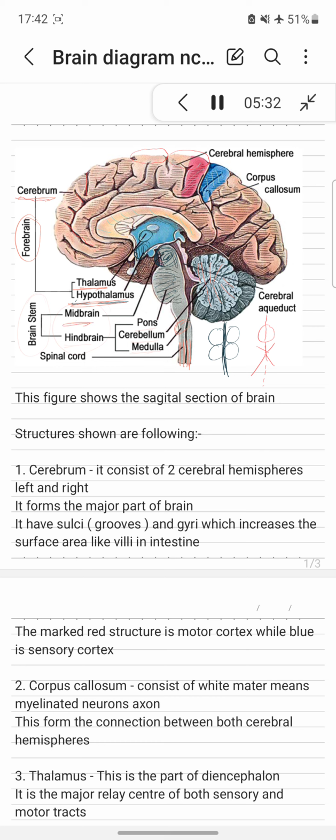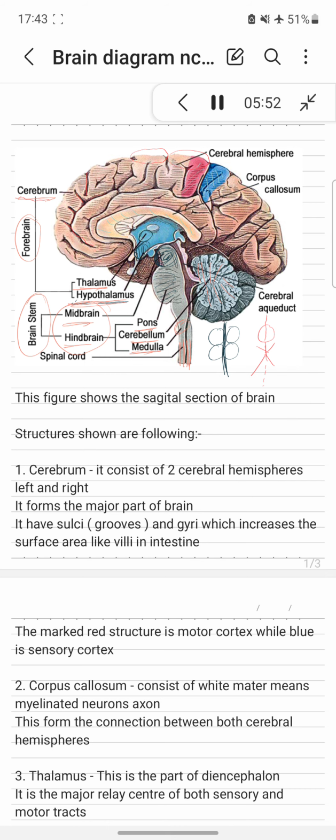Midbrain we discussed. Hindbrain is made up of pons, cerebellum and medulla. Midbrain and hindbrain form the brainstem. Brainstem means these structures are present in a single line, a stem-like structure.